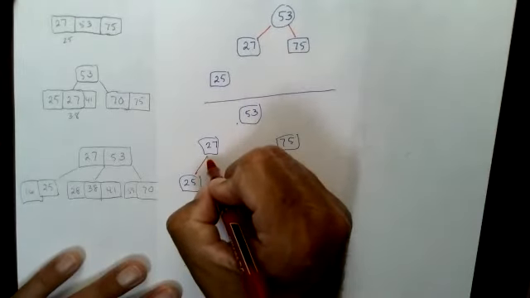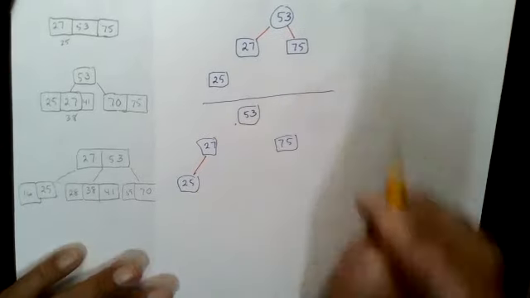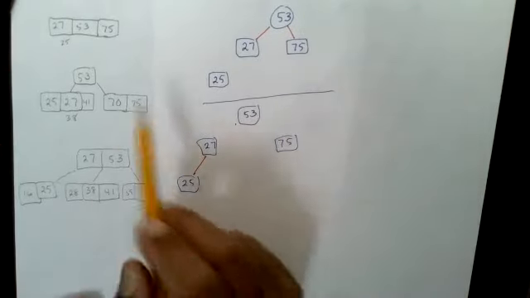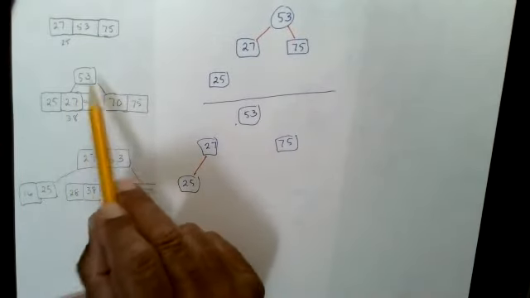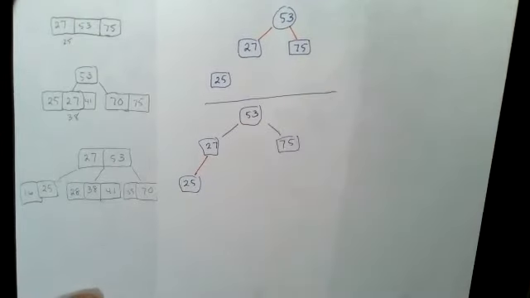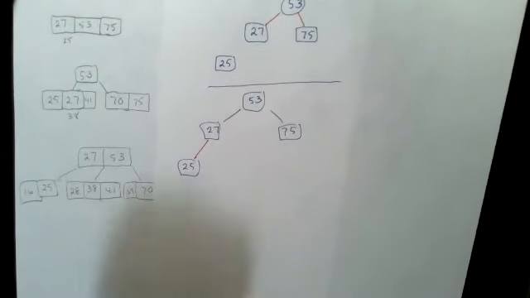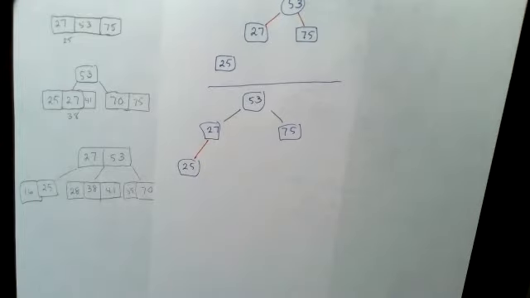These two now became siblings. 53 stayed. 25 and 27 went here. 75 went there. These two became black. I still have those rules of each path has the same number of blacks. So I'm doing some things right there.